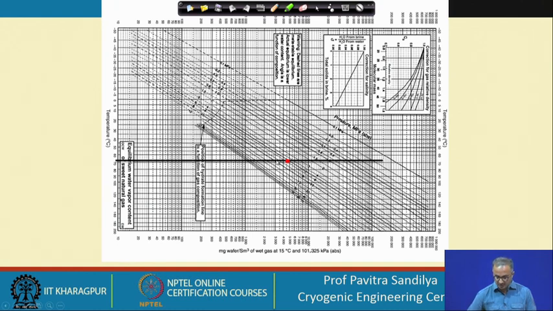At this point we can go vertically up, on either this axis or this axis, to find the water content, and this comes to about 4500. This is between 4000 and 5000, about 4500 milligram per standard cubic meter of wet gas. So, this is how we find the first part of the question, the water content for a clean, non-sour gas.